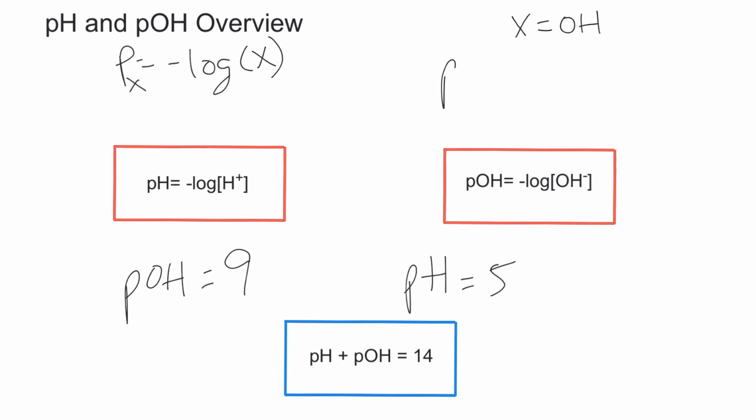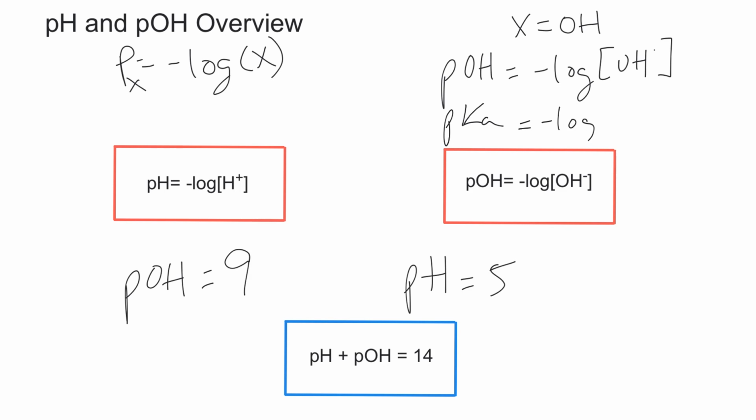So the pOH is equal to the negative log base 10 of the concentration of OH minus. That will be exactly like the case of the pKa. If you want to find the pKa of something, you just use pKa is equal to negative log base 10 of the Ka. And that's how you determine the pH too.